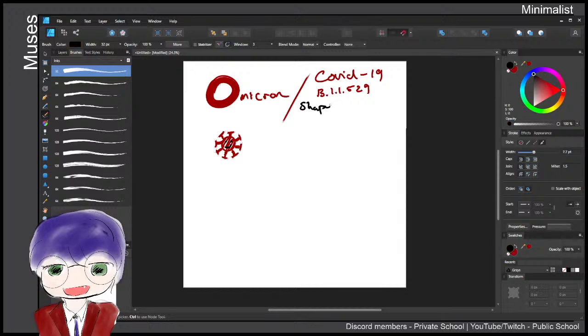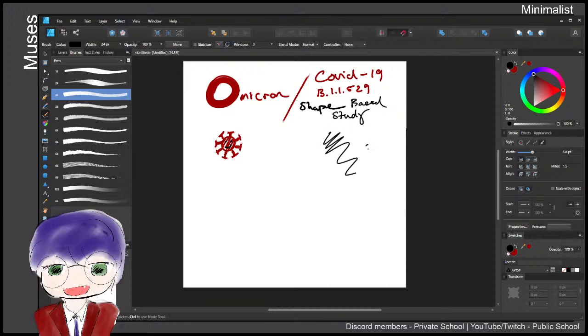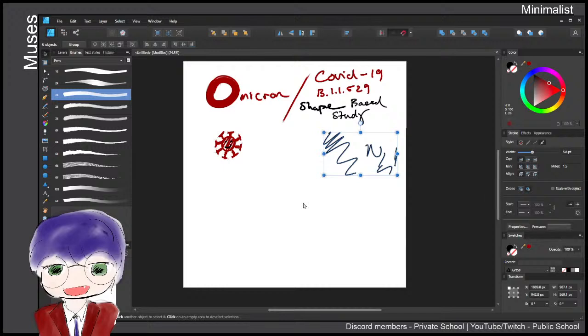Shape. This is crazy. This pen is stupid. Why is it like that? Let's try this. No, it's still trying to do that for me. Shape-based study. Do you guys see that as well? Whenever I draw this, if I let go, it changes.